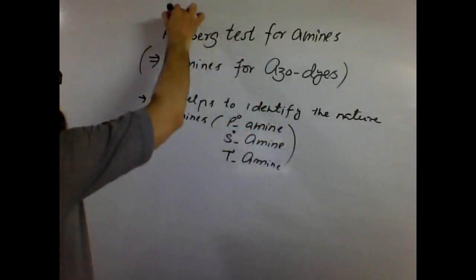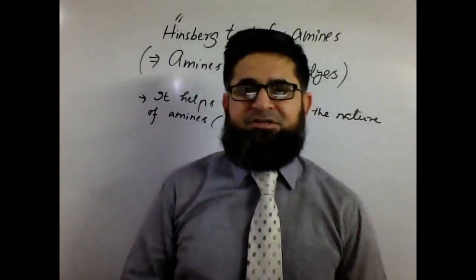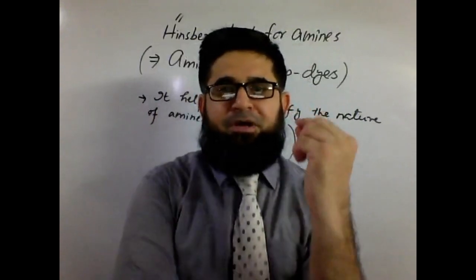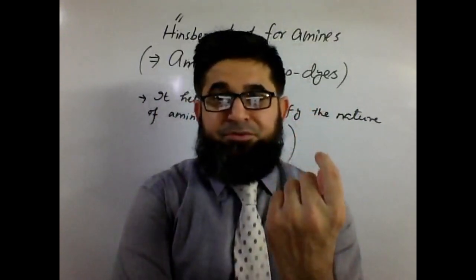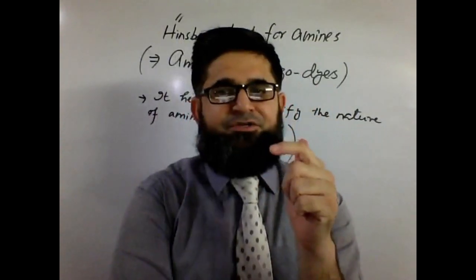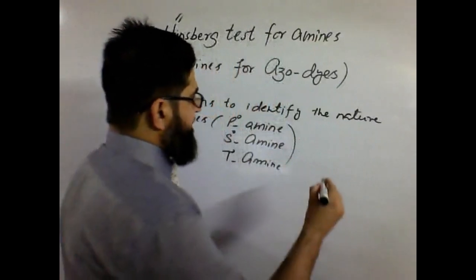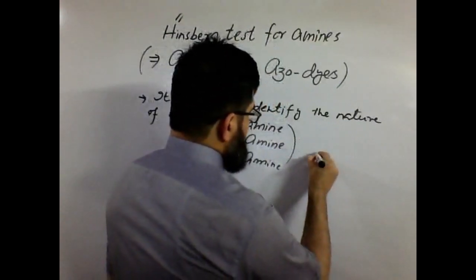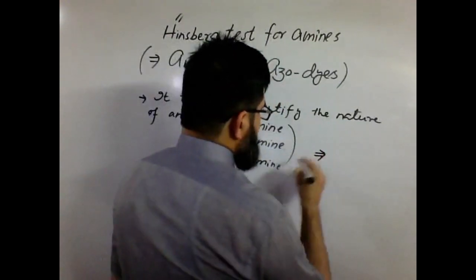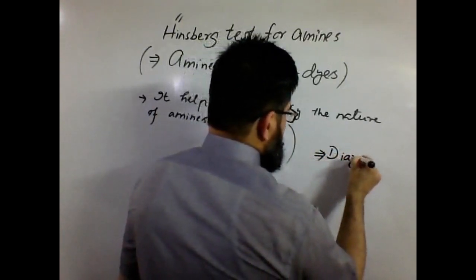Why Hinsberg test? I've explained in my last lecture that amines are basic compounds. You can confirm them by using three different confirmatory tests. In that respect, I've given you a very comprehensive lecture about diazotization test.